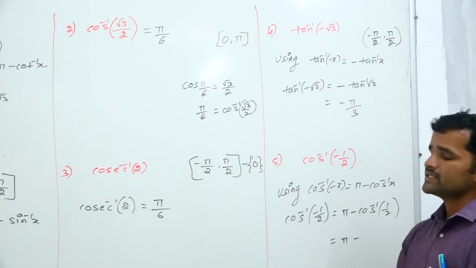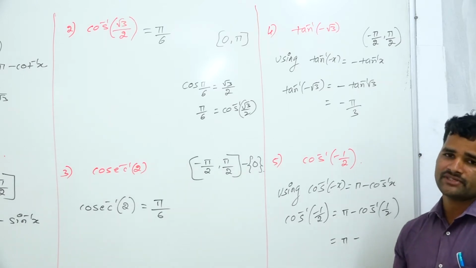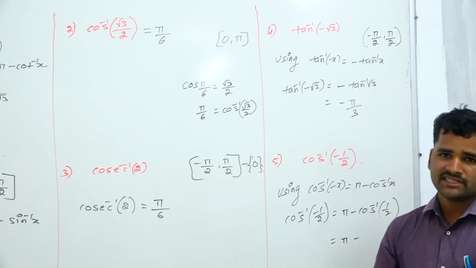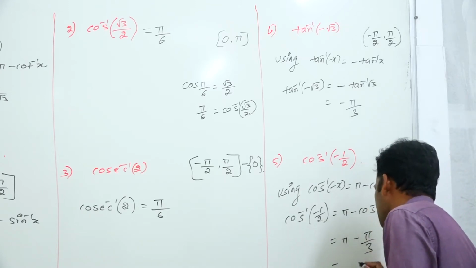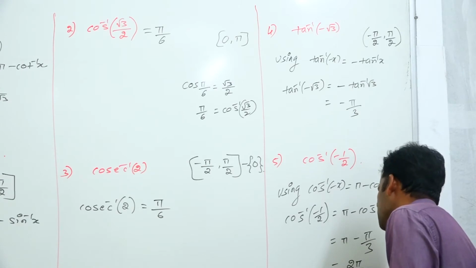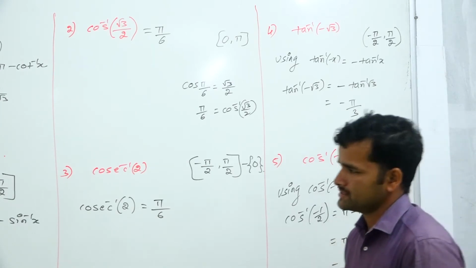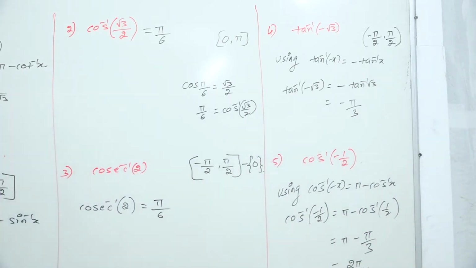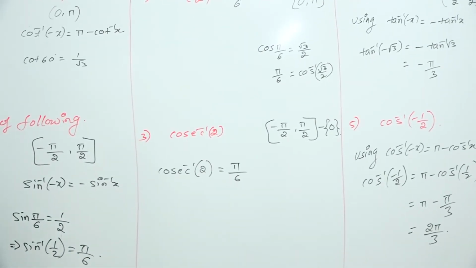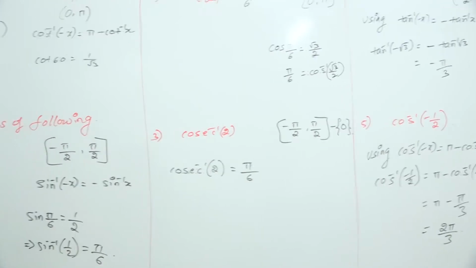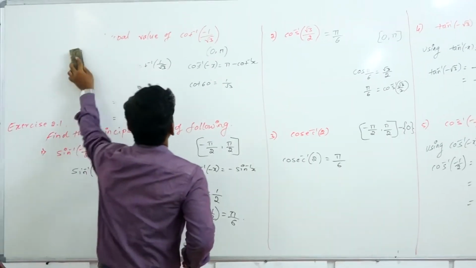What is cos inverse of 1 by 2? Cos of which angle gives us 1 by 2? 60 degree. 60 degree means pi by 3. Pi minus pi by 3, answer 2 pi by 3. These are the first 5 problems of NCERT. Now we will go to the next one.